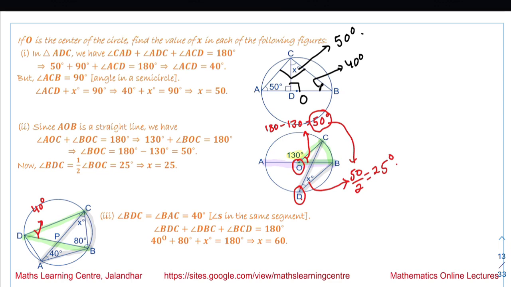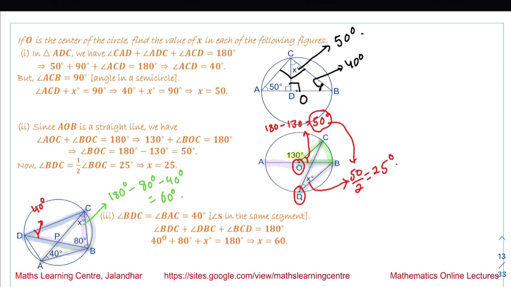Now if we look at the triangle DCB, this angle at D is 40, B is 80, then the value of the angle at C, the value of this X, will be 180 degrees minus 80 degrees minus 40 degrees. So the value of X we will get is equal to 60 degrees.